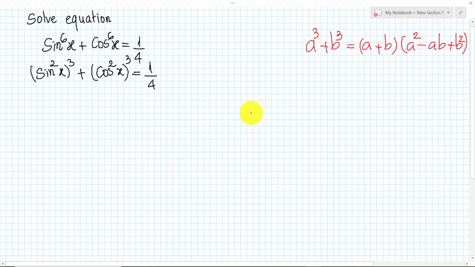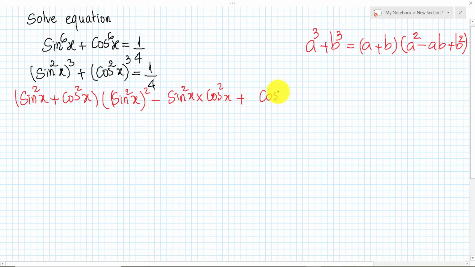Then we can write it as (sin^2(x) + cos^2(x)) times ((sin^2(x))^2 - sin^2(x) times cos^2(x) + (cos^2(x))^2), equal to 1/4.